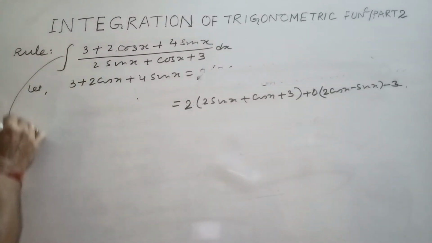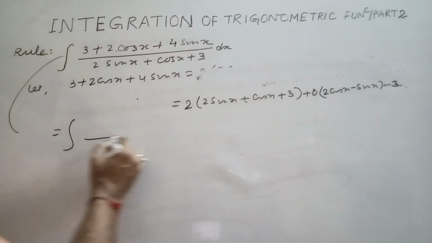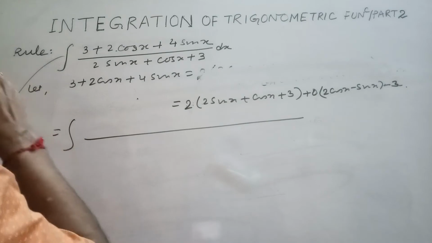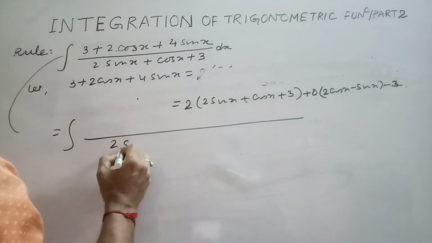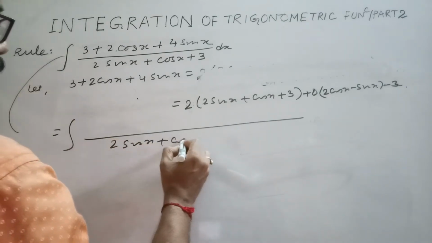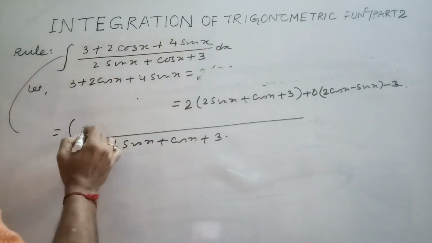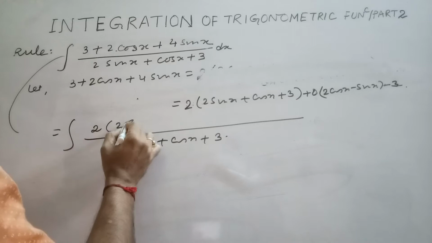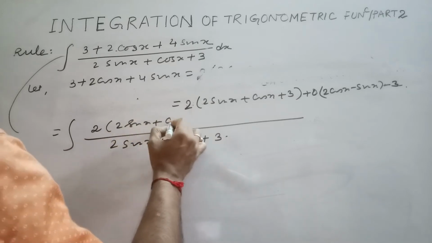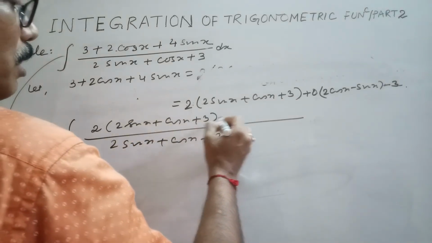Now come to the problem. The denominator is unchanged, 2 sin x plus cos x plus 3, and what is the numerator? 2 into (2 sin x plus cos x plus 3) minus 3.